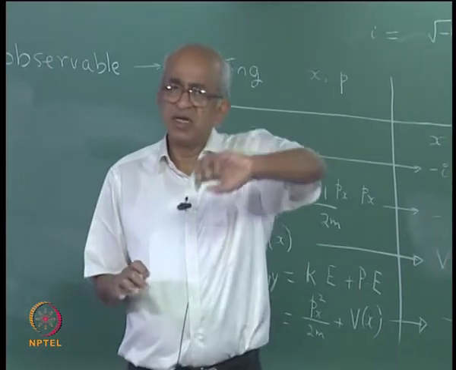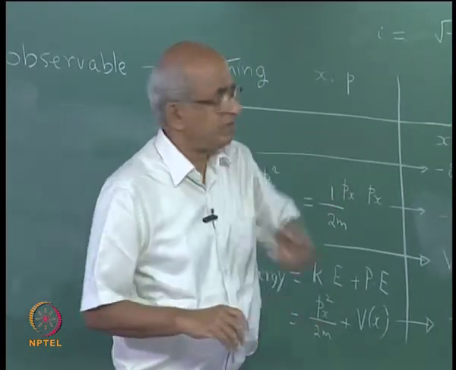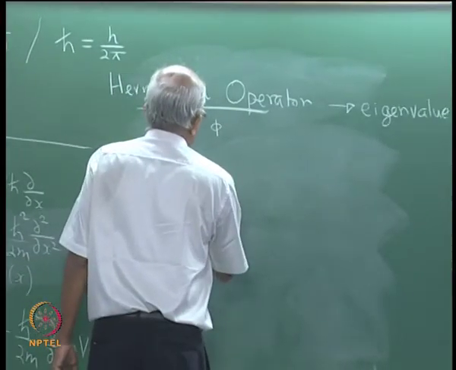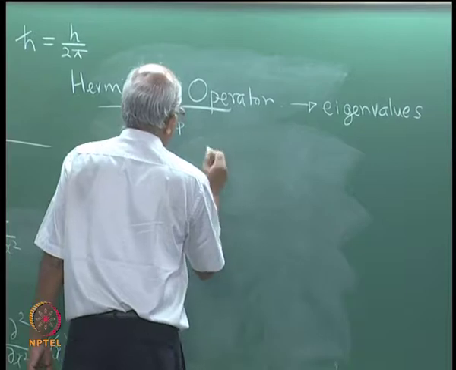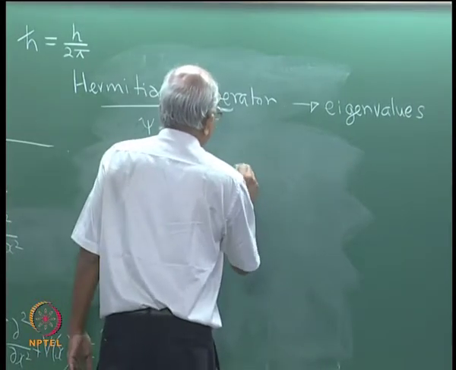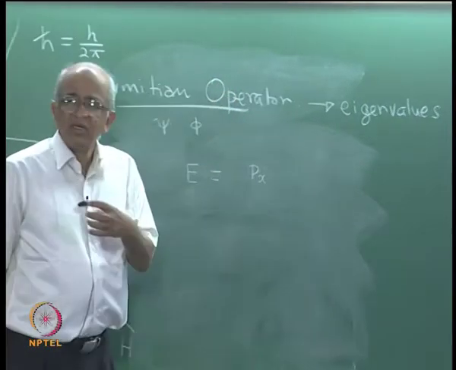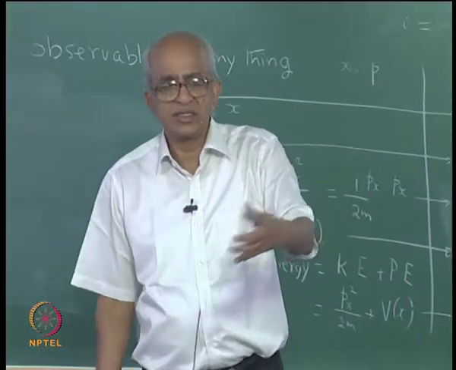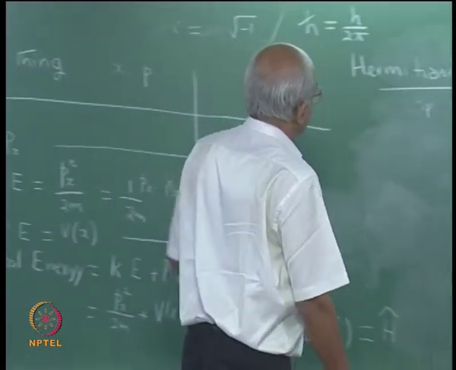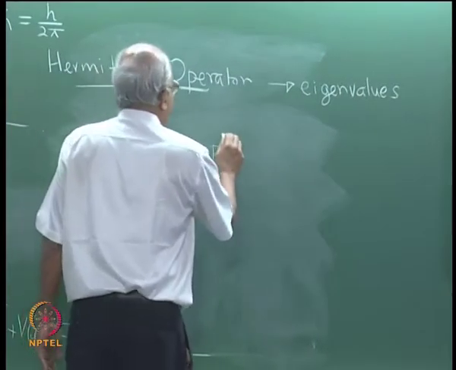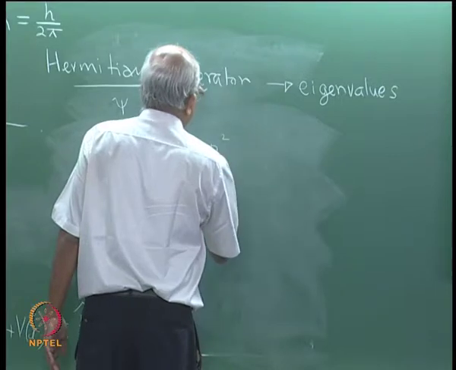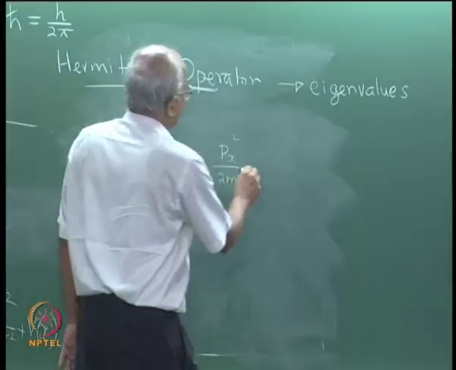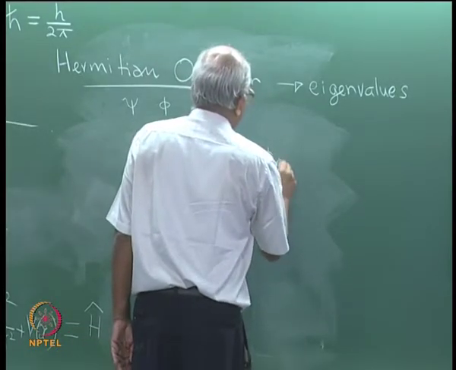So, the helium atom will be executing translational motion, and because of translational motion, the total energy of the system will be given by, well, its momentum has a component in the x direction, a component in the y direction, as well as a component in the z direction. Because of its motion in the x direction, the kinetic energy will be Px square by 2m. Then you will have, of course, Py square by 2m.